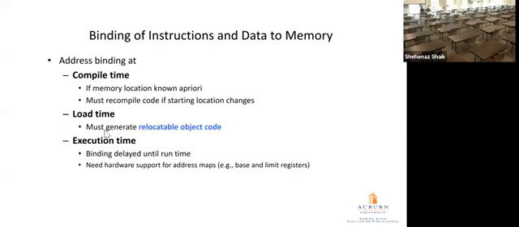So when the CPU receives an instruction for execution, it already has the actual physical address from where it can access the corresponding data element, and for that reason there is no additional delay involved.